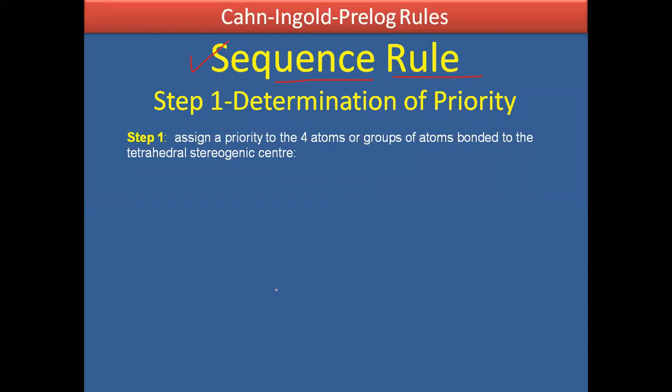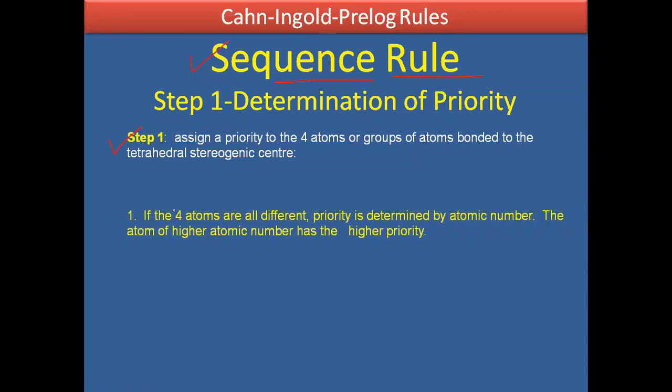In the sequence rule, the first step is to assign a priority to the four atoms or groups of atoms bonded to the tetrahedral stereogenic center, that is, the asymmetric center.